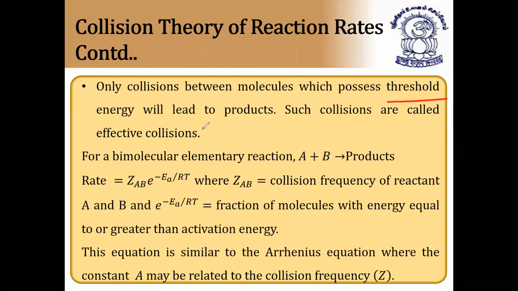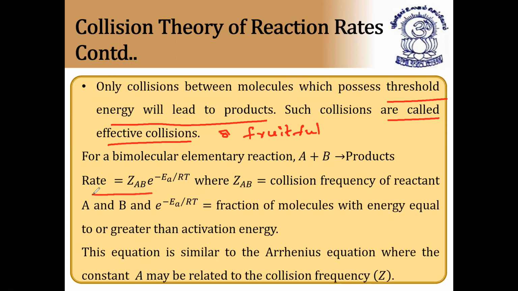When they reach the threshold energy, such collisions are called effective collisions, or we also call them fruitful collisions. Fruitful collisions are effective collisions. For example, for a bimolecular elementary reaction, A plus B gives product.